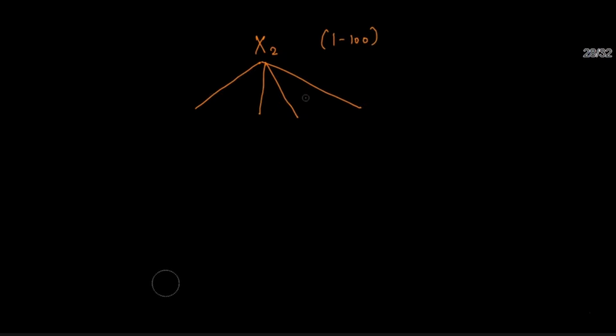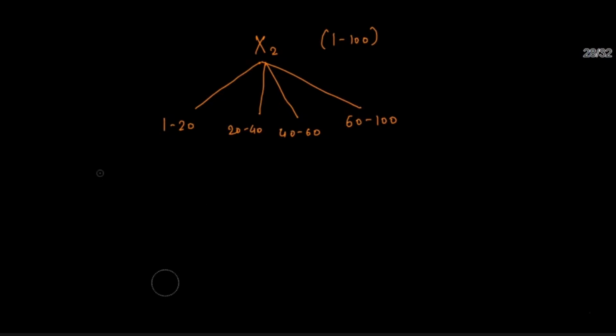Let's say I'm just assuming it. Let's say I'm going to split it. Let's say the very first range is 1 to 20, second range is 20 to 40. Let's say this range is 40 to 60, and let's say the last range is exactly 60 to 100. Let's say this is how I split it.